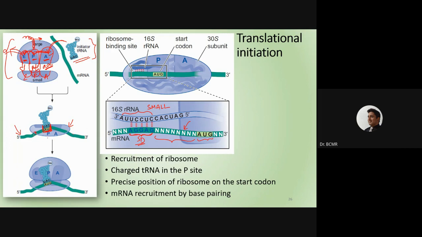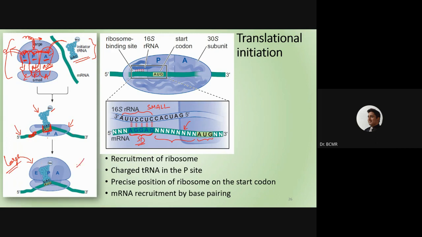So the ribosome binding site could be somewhere around here, and the small subunit is bound. The initiator tRNA is present, charged with the amino acid N-formyl methionine, and then the large subunit is arranged on top of it.